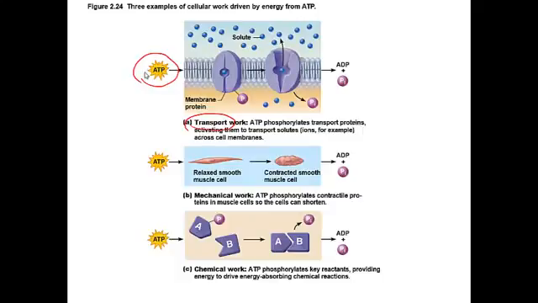There's a chemical reaction where ATP is broken down into ADP, and that releases this phosphate. And so again, energy is released, which allows this protein pump to actually open, so that now a single molecule can exit the cell.